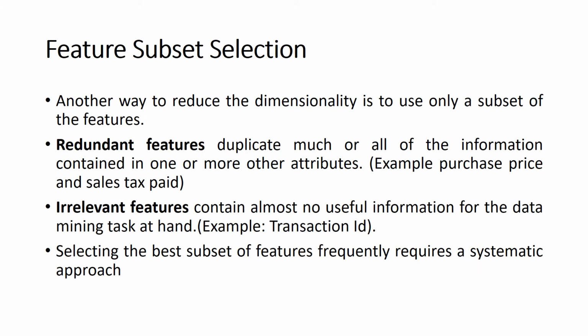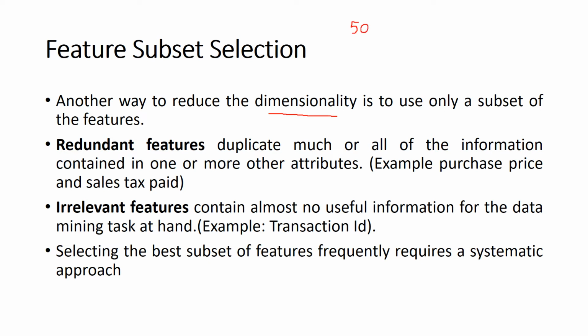There is a little confusion between dimensionality reduction and feature subset selection. We discussed dimensionality reduction in the last session. For example, we have 50 features in the data set.